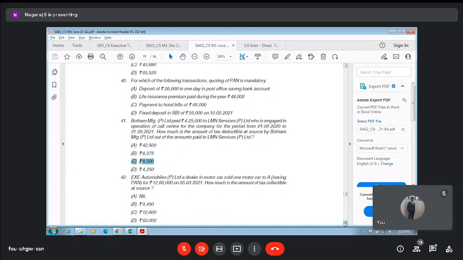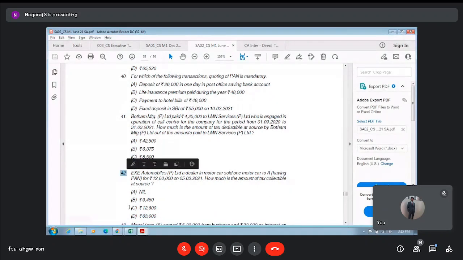For question number 42. Yesterday, I think last class I should have done these two. I missed. Because AMT is finished, that is why I'm asking. There are no further questions on AMT in this chapter, and there is nothing further to explain in AMT. Whatever was there, I explained. What is this? EXE Automobiles Private Limited, a dealer in motor car. What should click to you? Dealer in motor car means TCS should click.